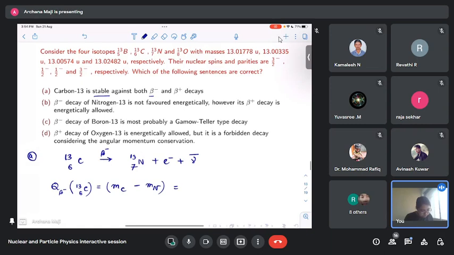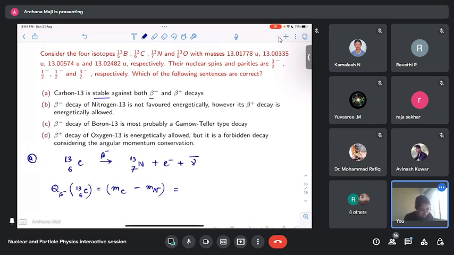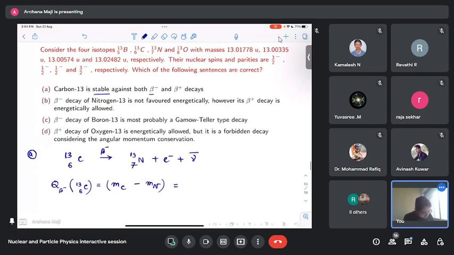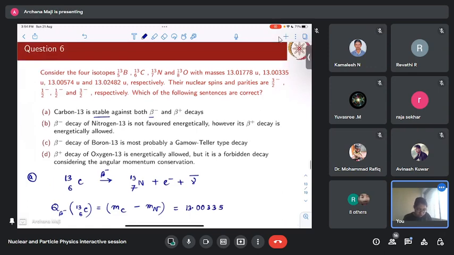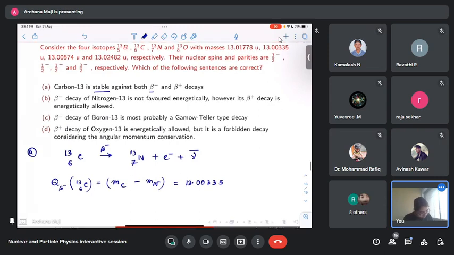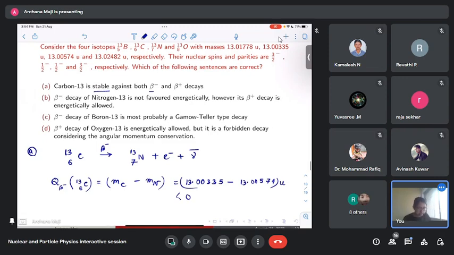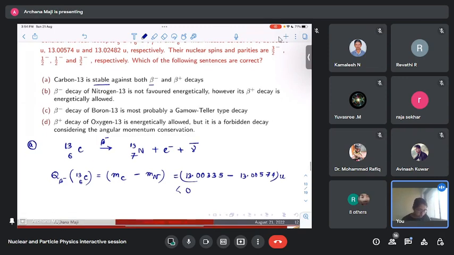All the masses are given again as atomic masses in this entire tutorial. So 13.00335 is the mass of carbon minus 13.00574. Obviously it's less than 0, so this decay process is not possible. So carbon 13 is stable against beta minus.